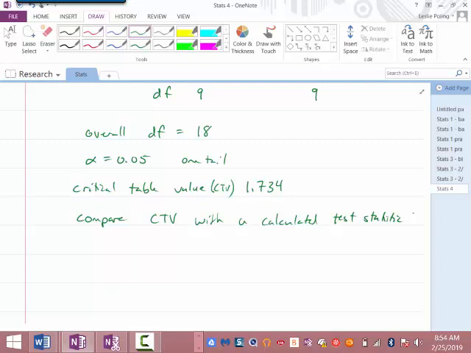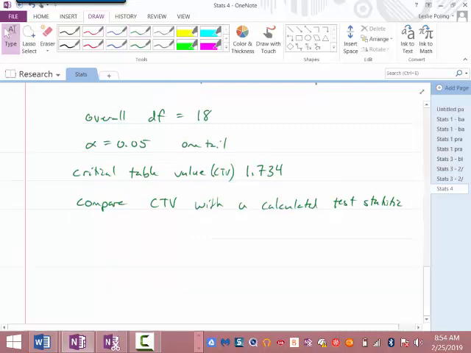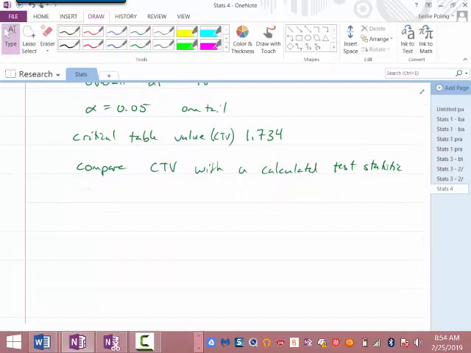The first practice set in here doesn't have you calculating anything. We're going to save that for next week. But what you want to do is look at how your calculated value compares with the critical table value. Okay?